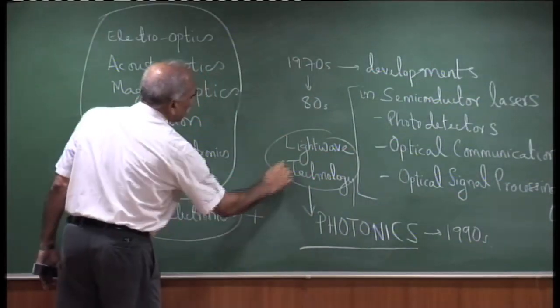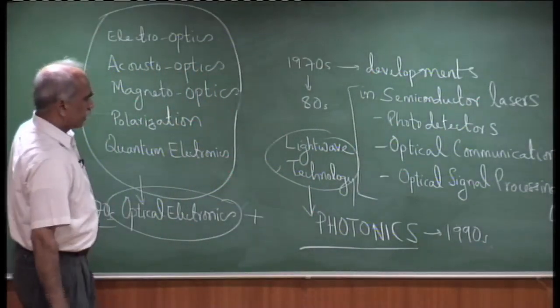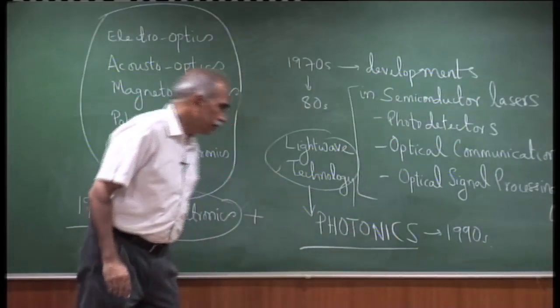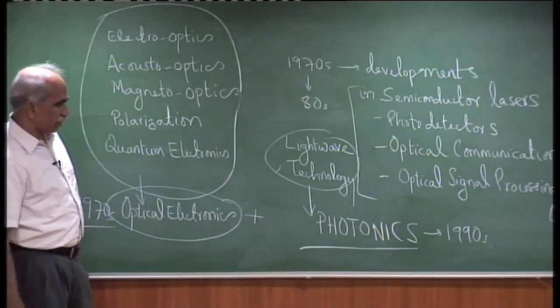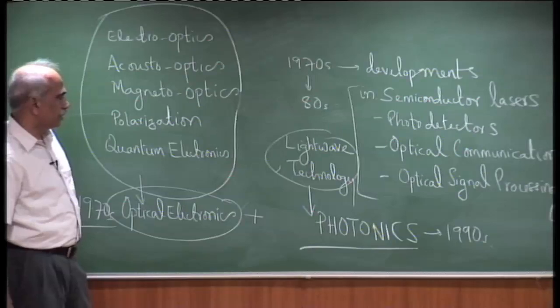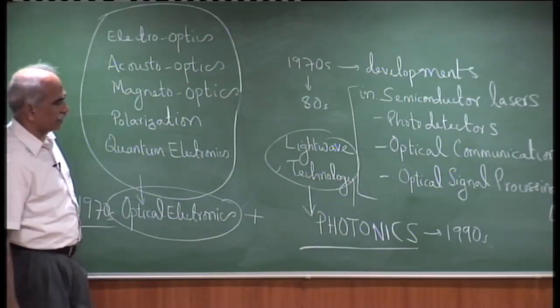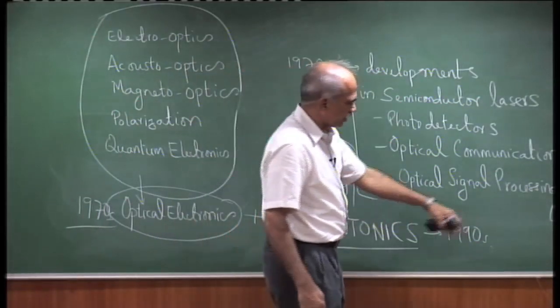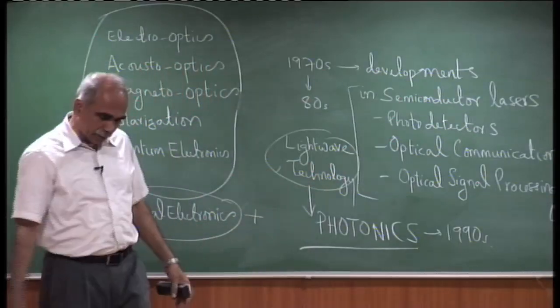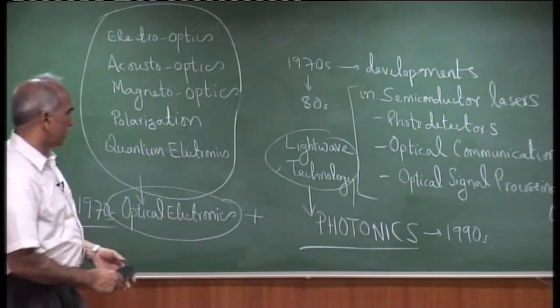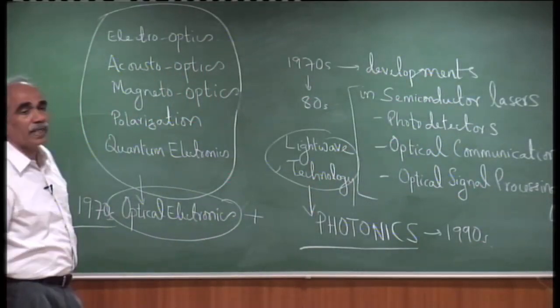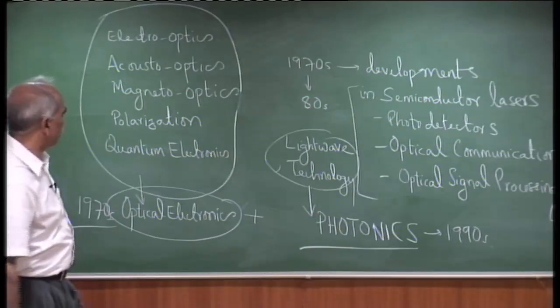So this plus this together, the term was coined as photonics, analogous to electronics, in the 1990s. One of the first books was Fundamentals of Photonics by Saleh and Teich, widely used as a textbook.